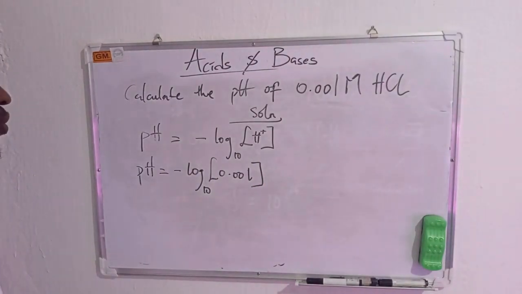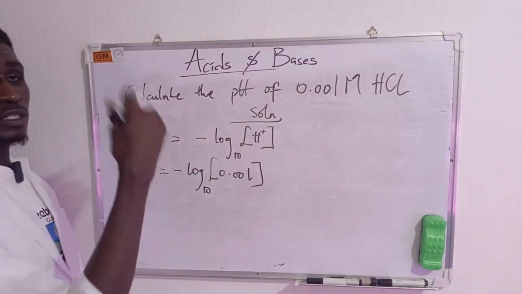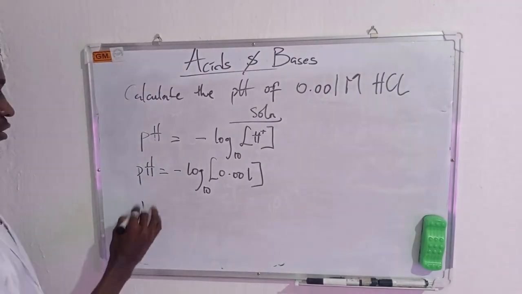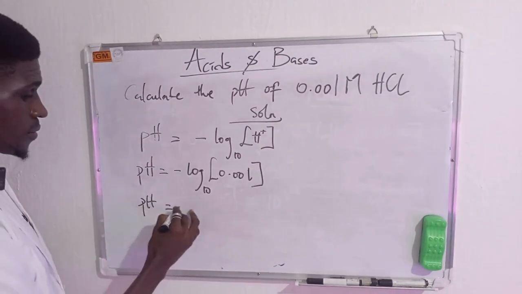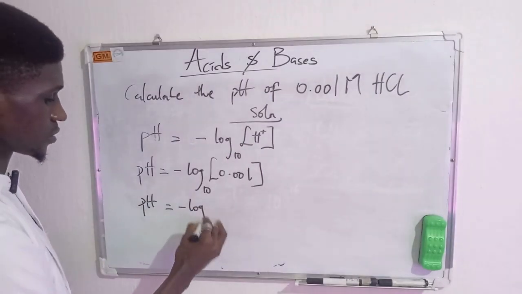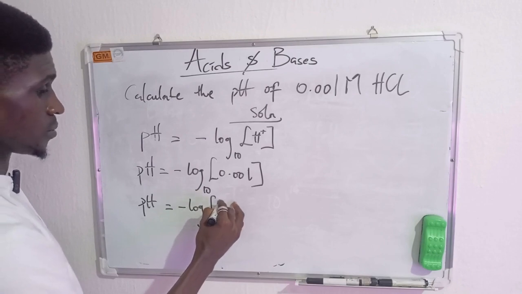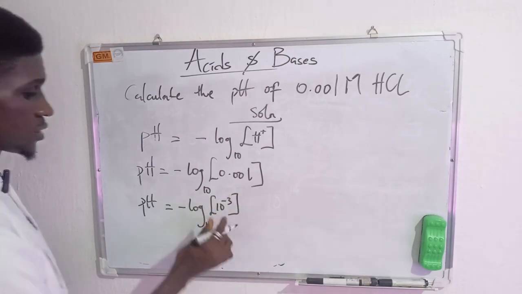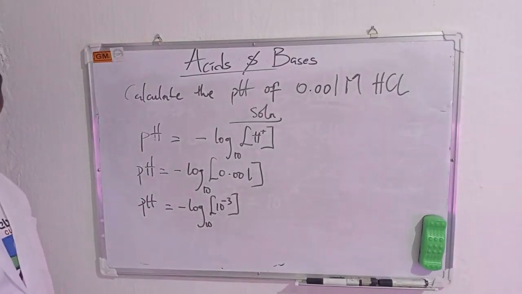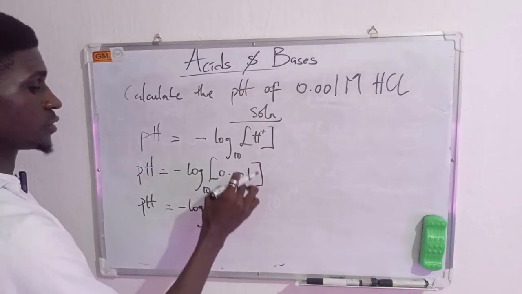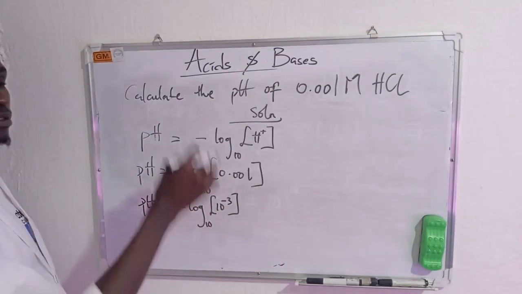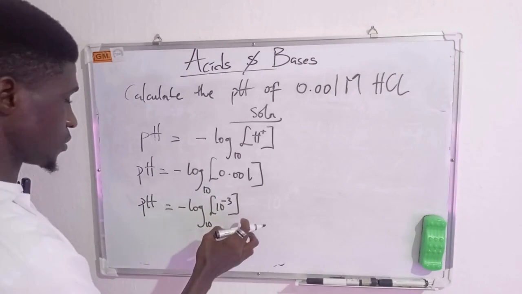Are you getting it? So we can raise this to standard form: minus log of 10 raised to power minus 3. 0.001 is the same thing as 1 times 10 raised to power minus 3.